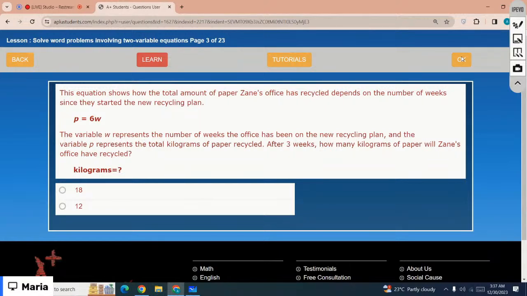The equation shows how the total amount of paper Zane's office has recycled depends on the number of weeks since they started the new recycling plan. P equals 6W.